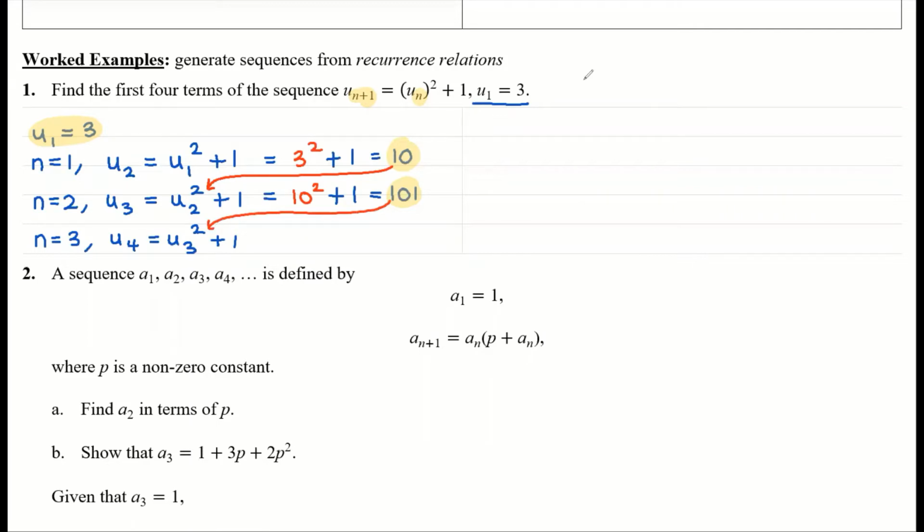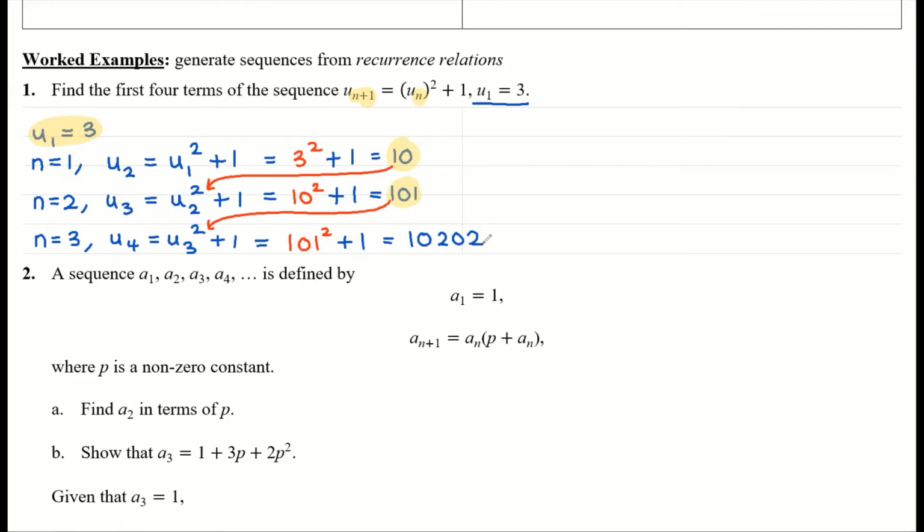Okay, so it's just a nice pattern. So this is going to give us 101 squared with 1 added. Okay, and that is 10,202. Might just need your calculator for that one, but there you go.